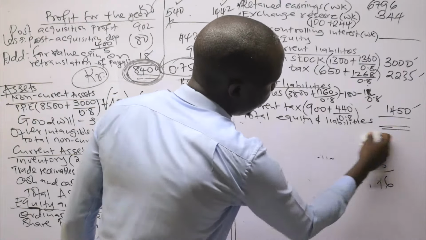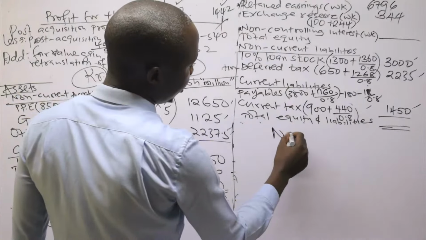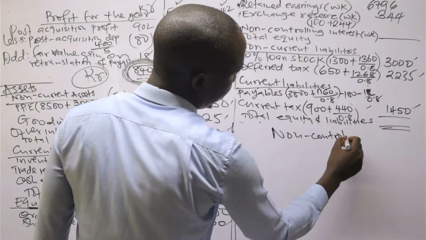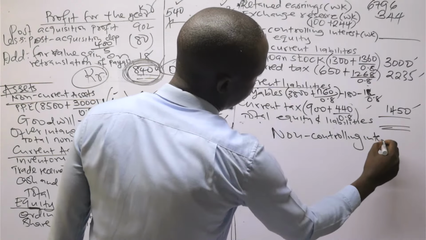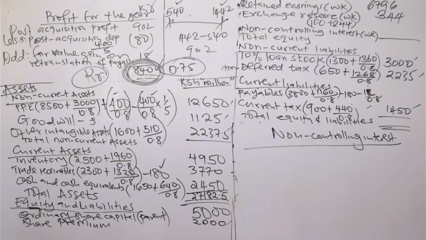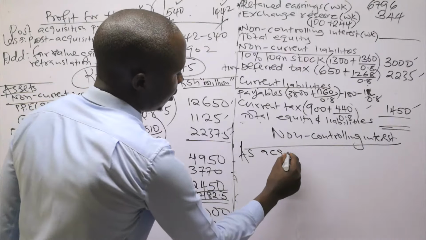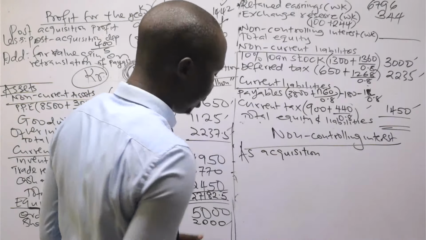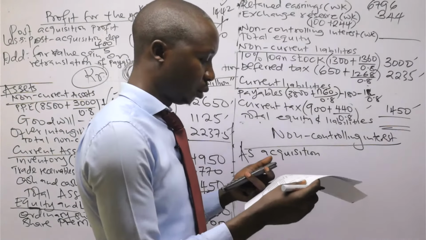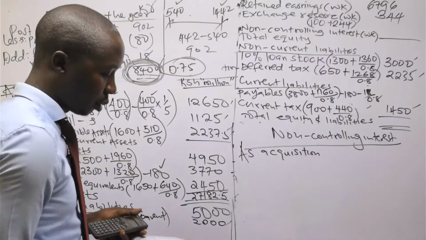and we will be done with this presentation of the statement of financial position. So for the non-controlling interest, as at acquisition, according to note 2, the fair value of the non-controlling interest was 900 in krona.